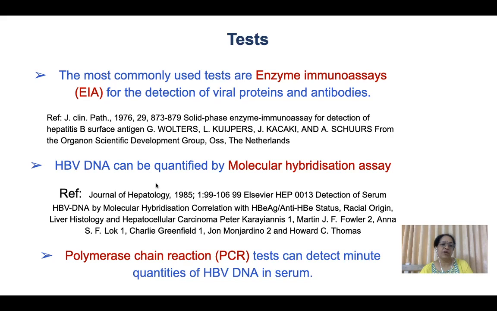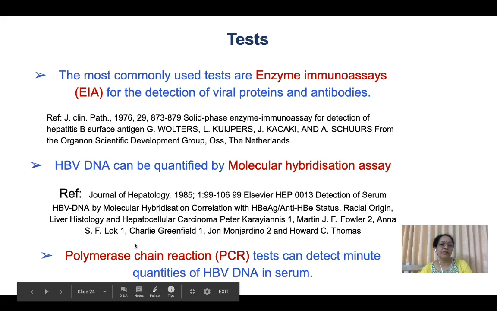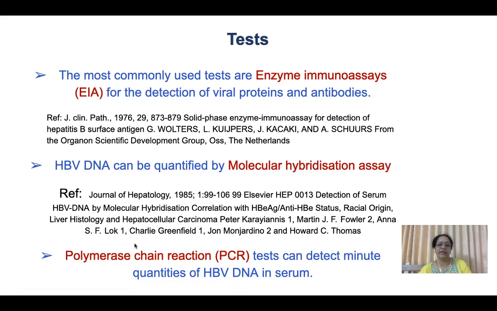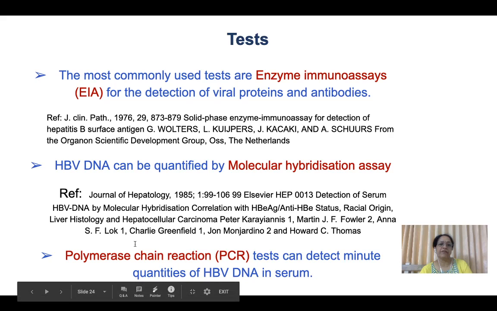This is for various assays, and you can refer to this paper. The third and important test is polymerase chain reaction, PCR. This can detect minute quantities of HBV DNA in serum. We'll see in brief about this PCR.